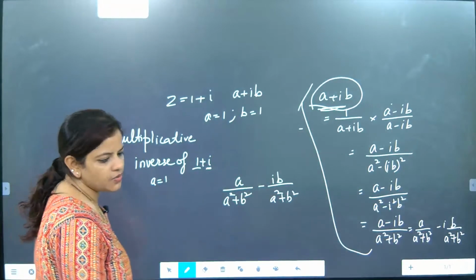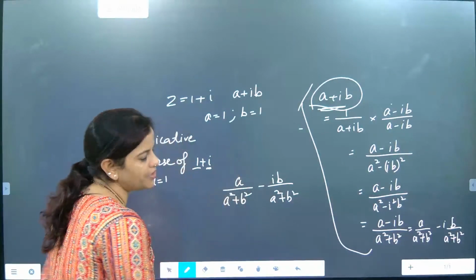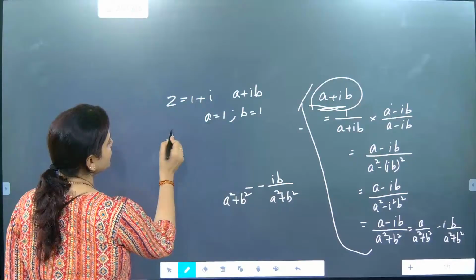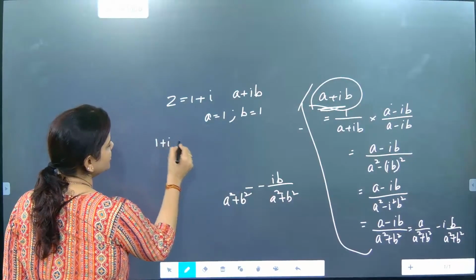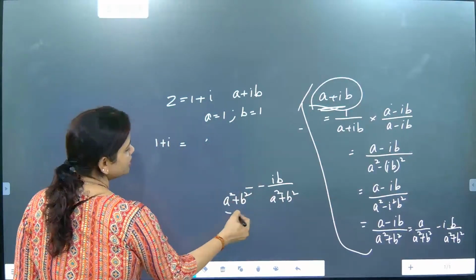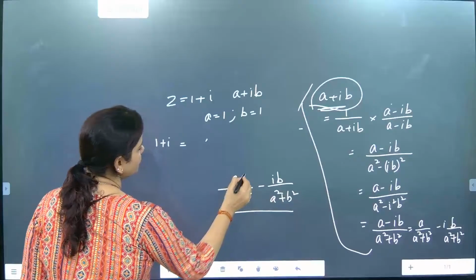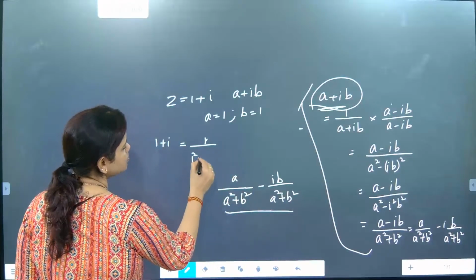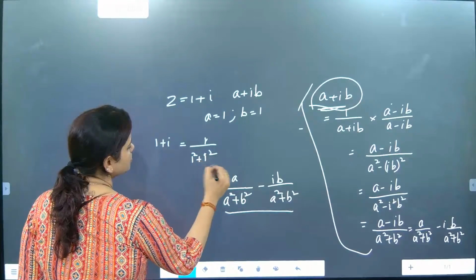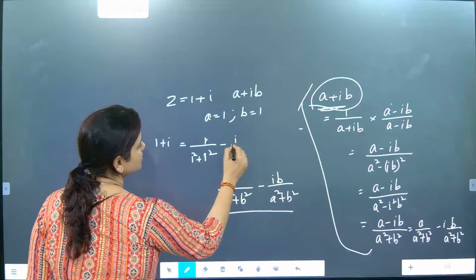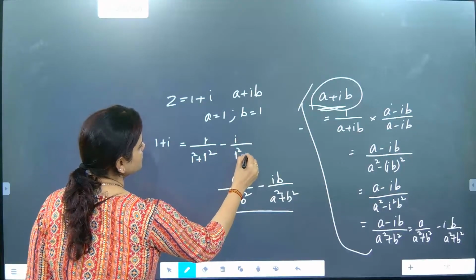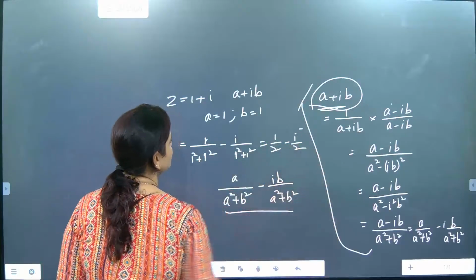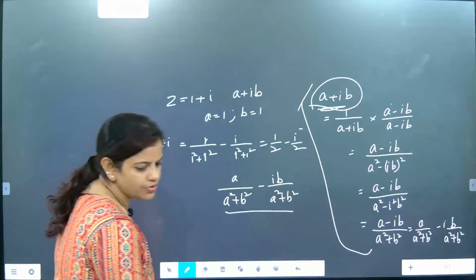So, removing the question, the multiplicative inverse of 1 plus i according to the formula is 1 by a square plus b square, that means 1 square plus 1 square, minus i by 1 square plus 1 square. Directly, 1 by 2 minus i by 2.